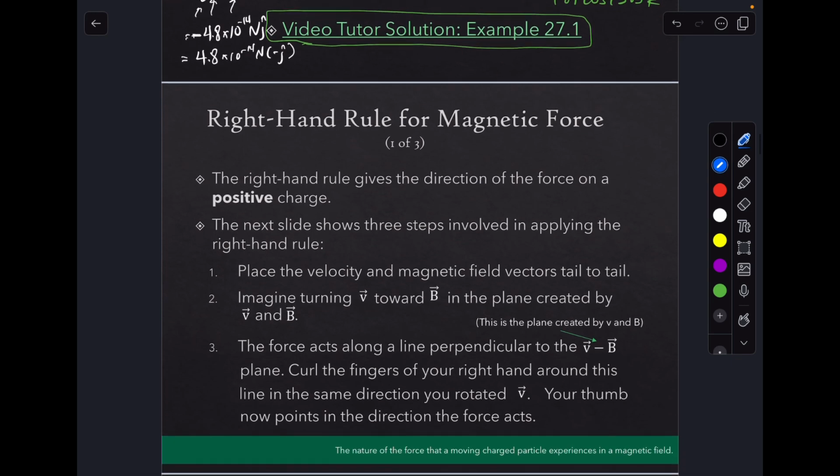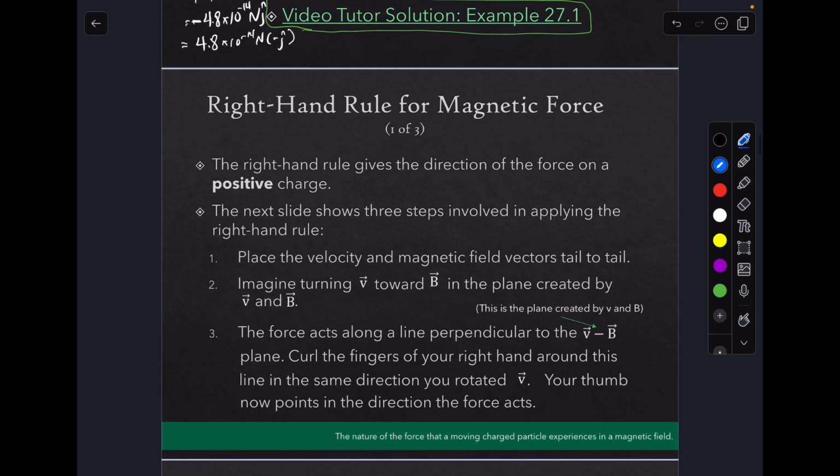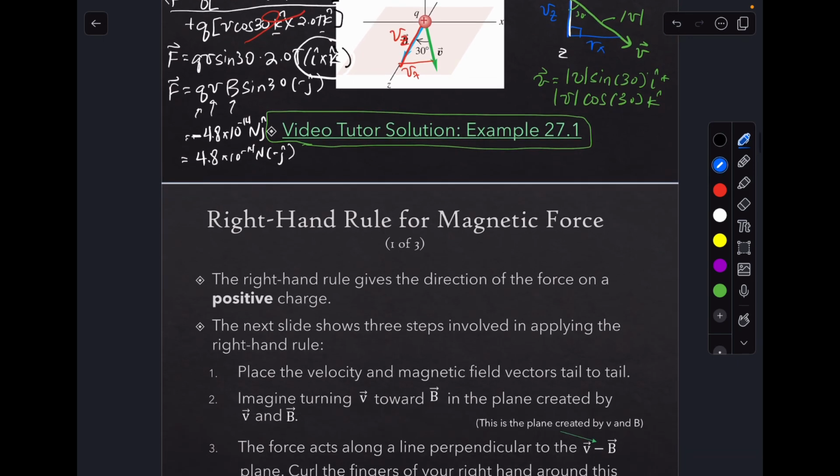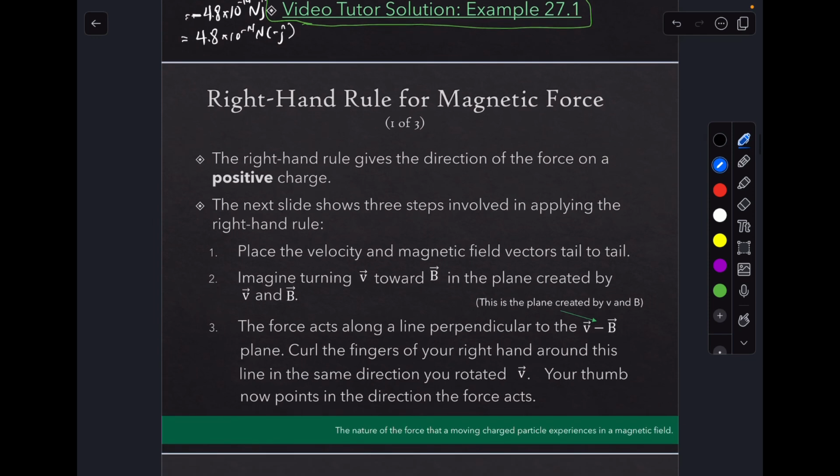There is also a right-hand rule. You can use your right hand to give you the direction of the force, and it's doing the same thing as this stuff right here. To figure out the right-hand rule, you place the two vectors you're crossing, your V and your B, tail to tail.